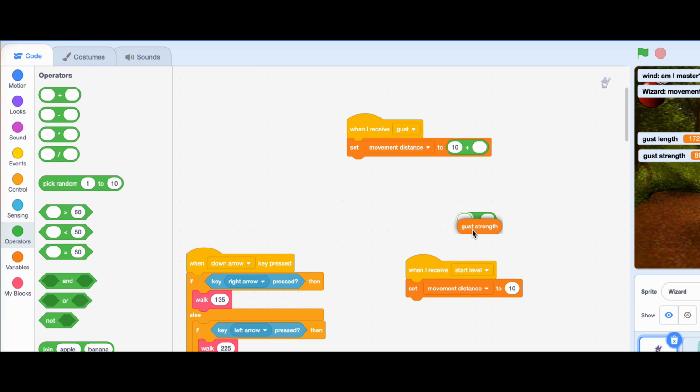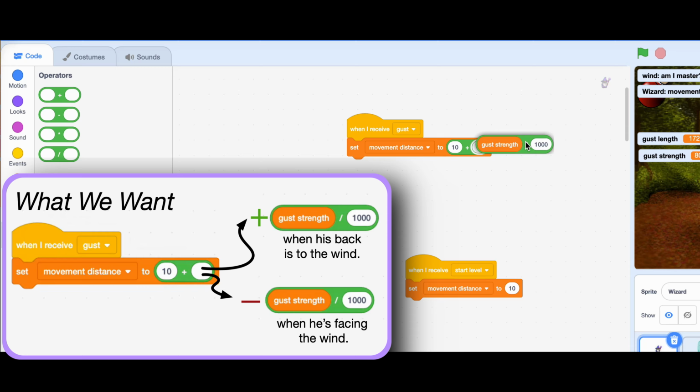Now, if we divided it by 2,000, it would bring it down to 1 to 10, which is about the right range. But I want it to be a little bit stronger, so I'm actually going to divide by less than that. So I want to put this in here, except that I want it to be plus when he's facing one way and minus when he's facing the other. So I just have to fix that as well.